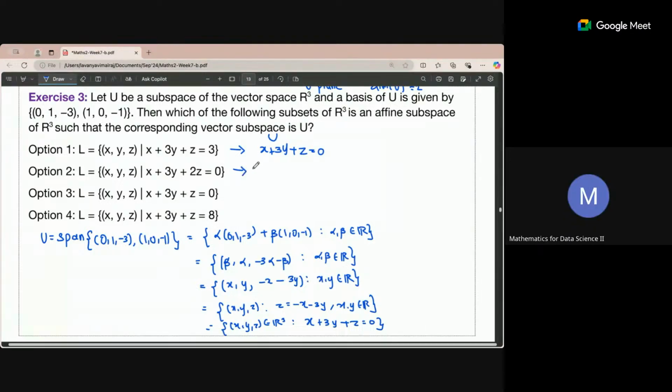What about this one? x plus 3y plus 2z equals 0. What about this one? x plus 3y plus z is equal to 0. And what about this one? x plus 3y plus z is equal to 0. So you see that 1, 3, 4, these three are the correct options.